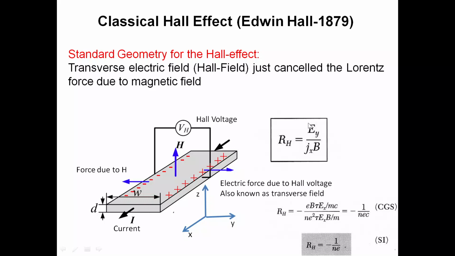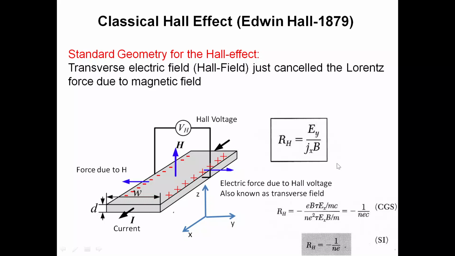So this is the Hall coefficient, and we can easily calculate it, and we will get the Hall coefficient, which is nothing but minus 1 by Ne in SI units and minus 1 by NEC in CGS units, where N is the number of electrons per unit volume, E is the charge on the electron, and C is the velocity of light.